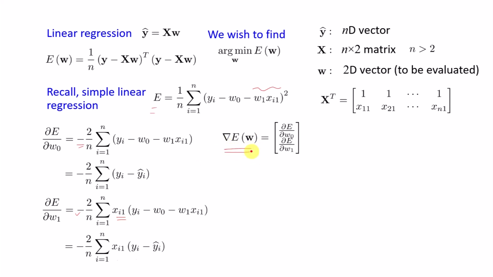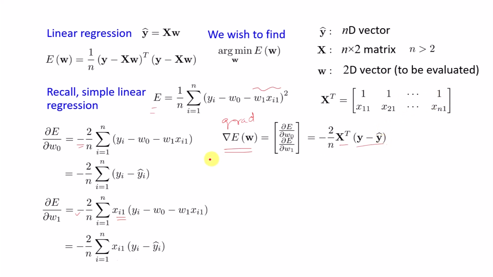We want to make this gradient of E equal to 0 to minimize E. This gradient vector has two elements, del E del w0, that is this one, and the second element, del E del w1. We are writing it as negative 2 by n and then X transpose multiplied by y minus y hat. So how is this meaningful? Let us see.